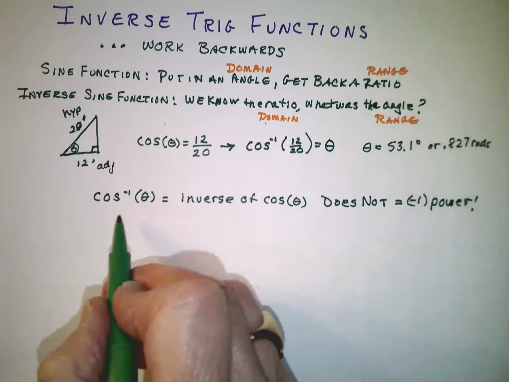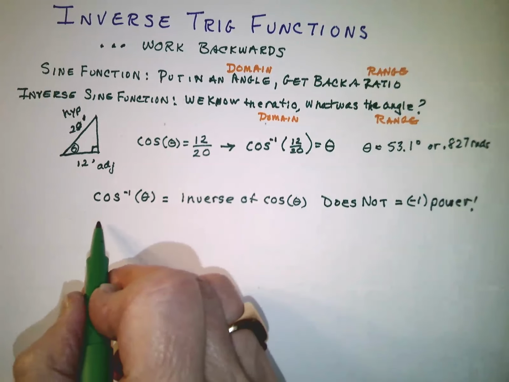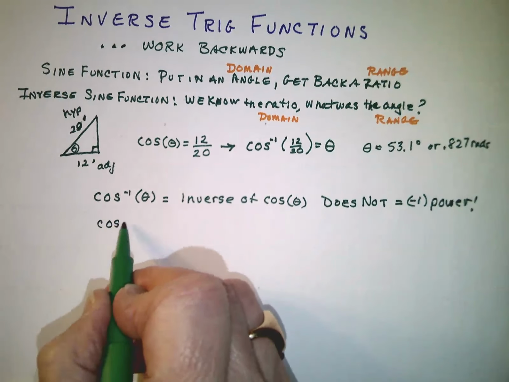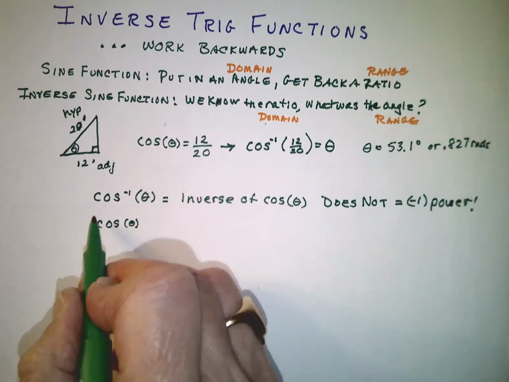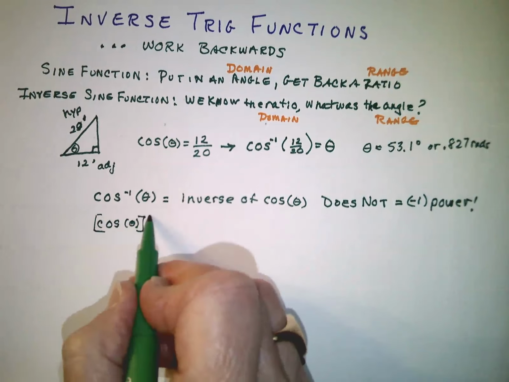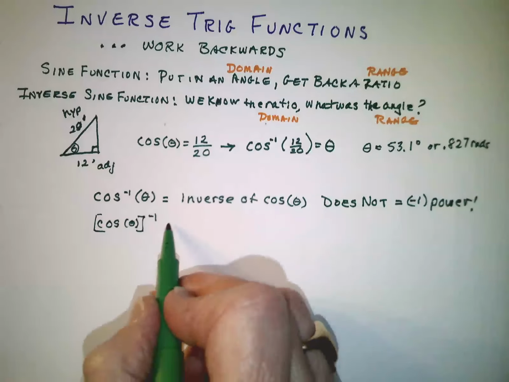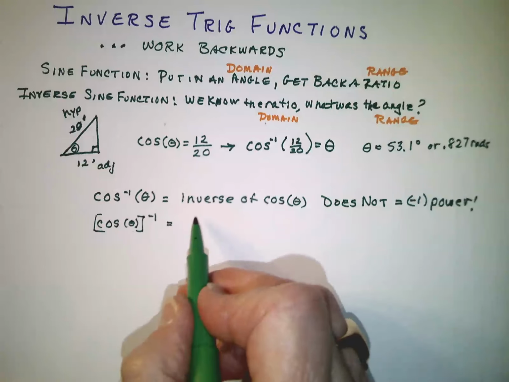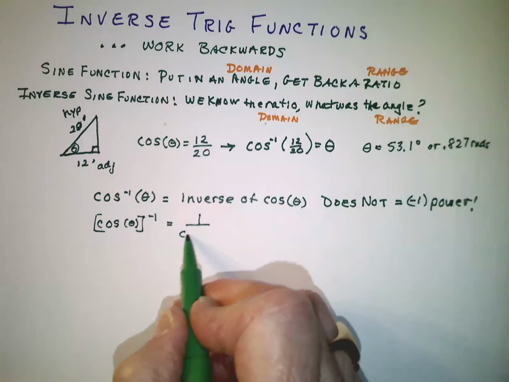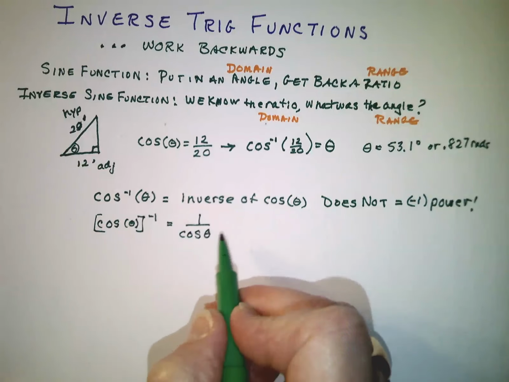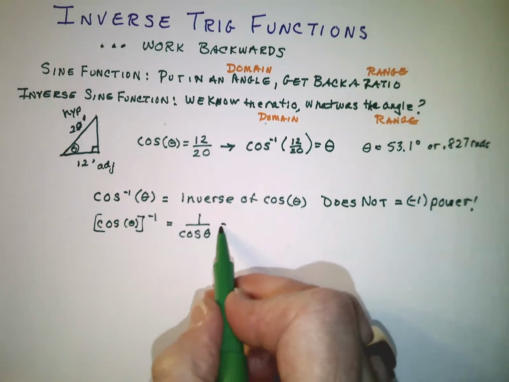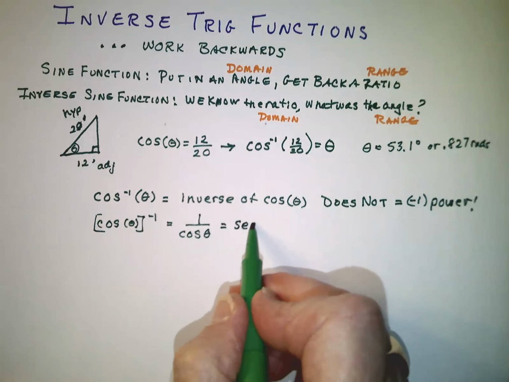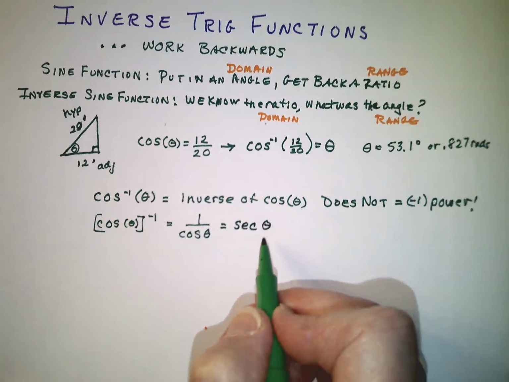If we want to take the -1 power on the cosine of theta, we have to say cosine of theta, whole deal, raised to the -1. And that -1 power means the reciprocal. And the reciprocal of the cosine of theta already has its own name. That is the secant of theta.